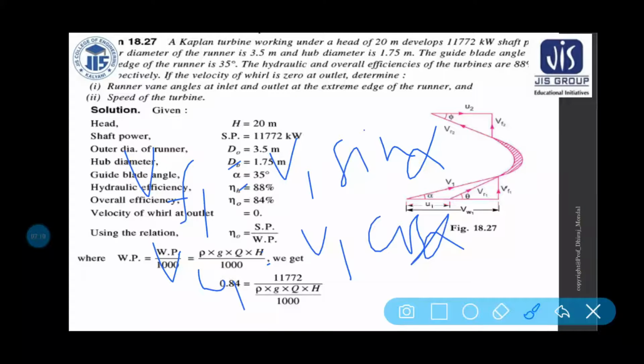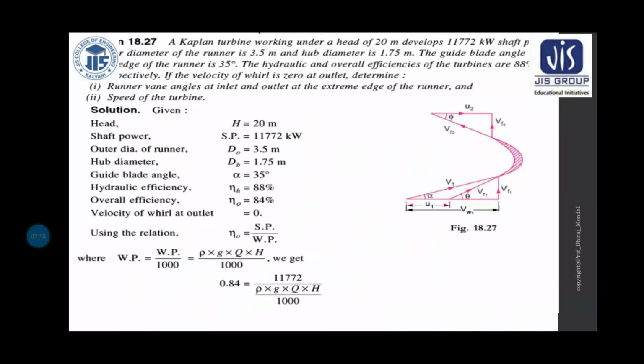As we have got V1, then Vw1 we can find out. Now how can we find out u? u is equal to pi d naught n by 60, but we don't know n. So this is clear up to here, I think it is clear.